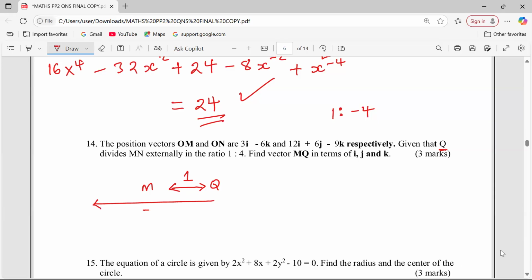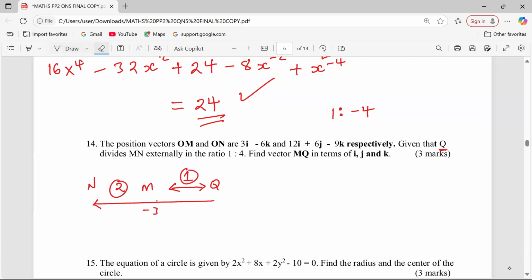We move 3 units backwards so that we may get N. That means we are going beyond M, so there is 1 unit and 2 more units here. In other words, now M is between N and Q, such that we are having 2:1 as the ratio in which M divides NQ.